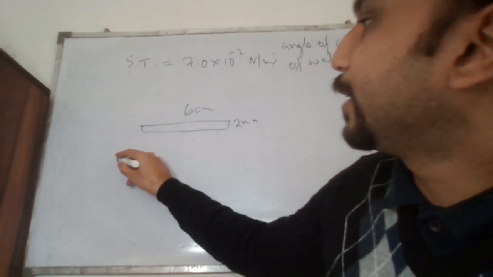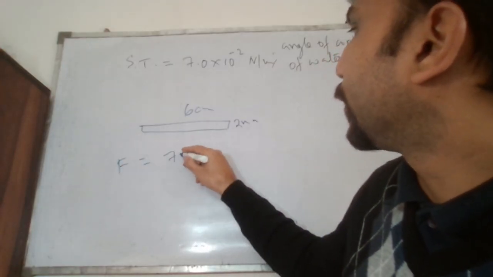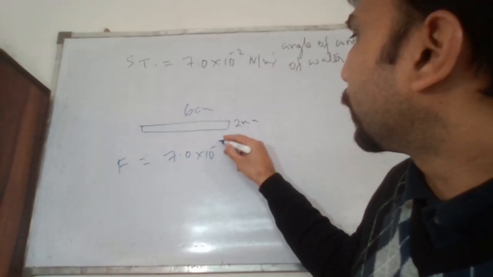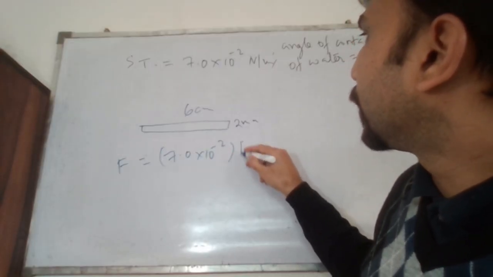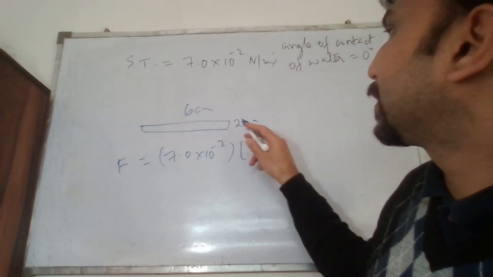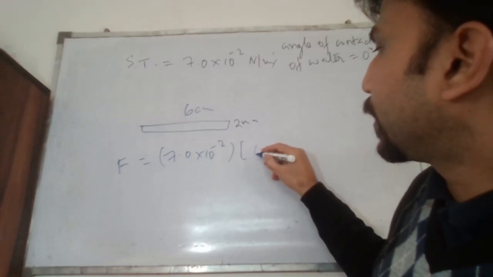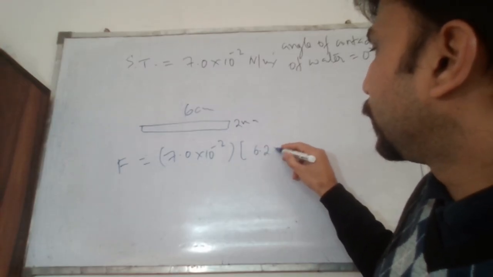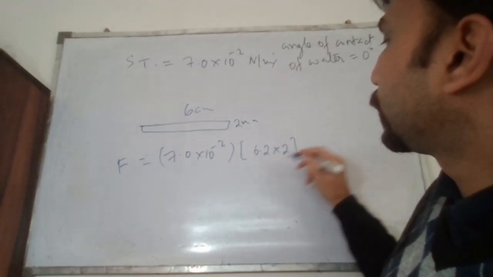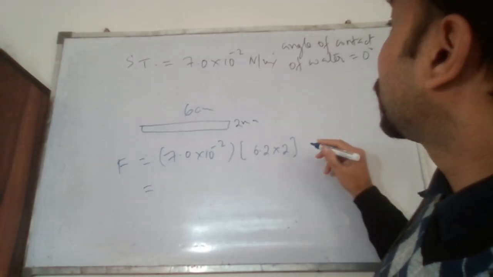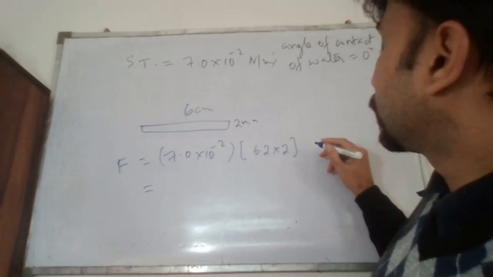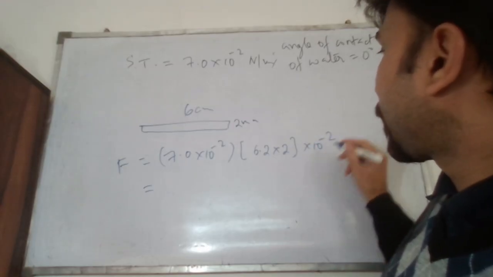The net force would be 7.0 into 10 to the power minus 2 into 6 plus 2, so that would be 6.2 times 2 into 10 to the power minus 2.